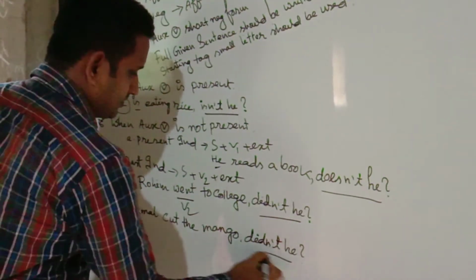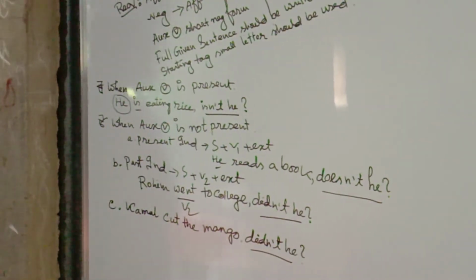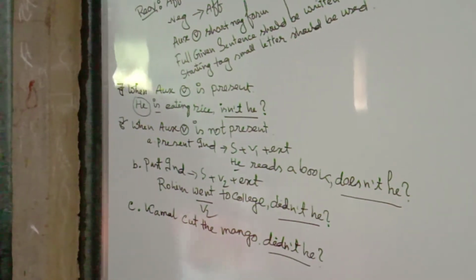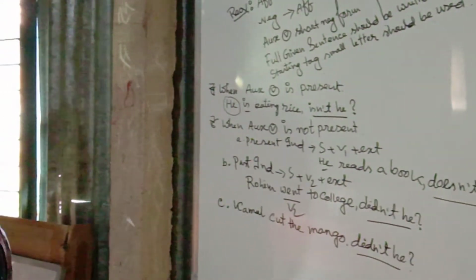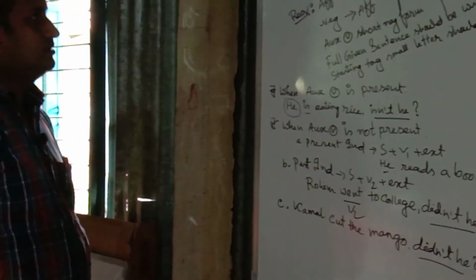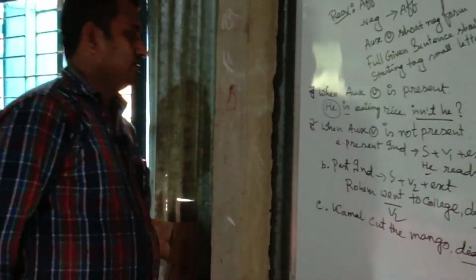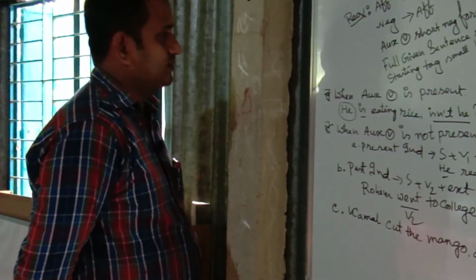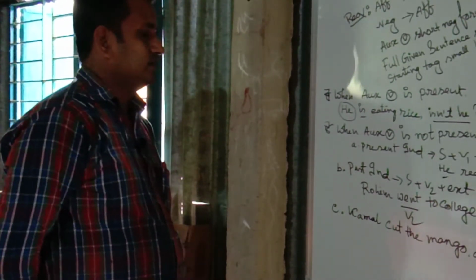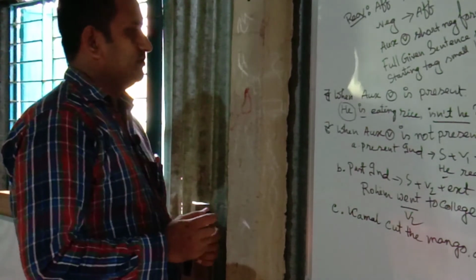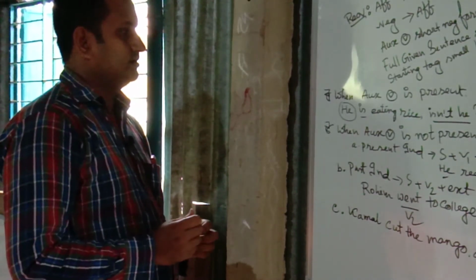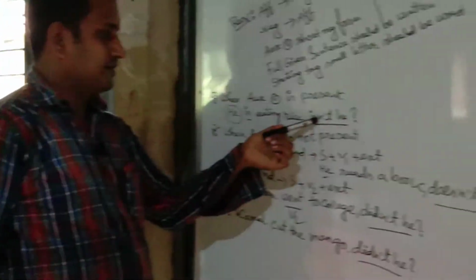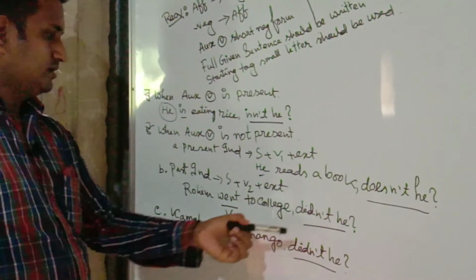Here is the question. So the vital variations of tag question have been presented. When an auxiliary verb is present, then auxiliary plus not plus he. But we have to mind the short form of negative.